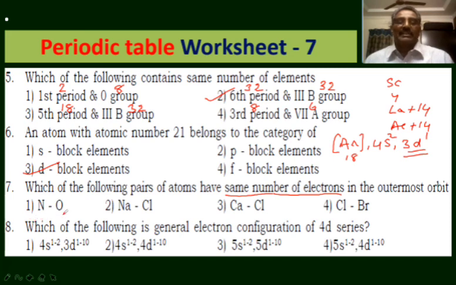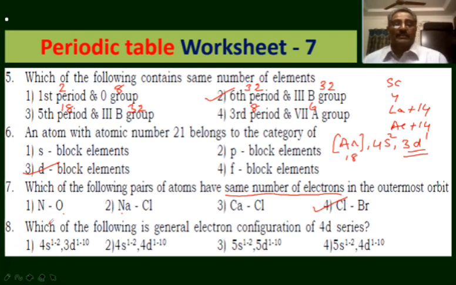Nitrogen and oxygen are not belonging to the same group. Sodium and chlorine are also not the elements of the same group. Calcium and chlorine also not the elements of same group. Chlorine and bromine are the elements of the same group, that is 17th group. So they have the same number of electrons in the outermost shell or valence shell. So correct option is the fourth option.